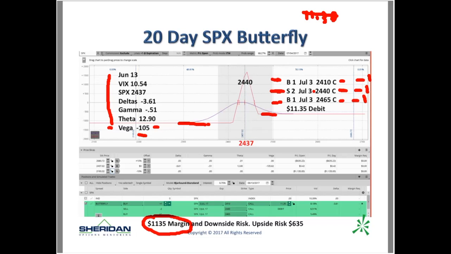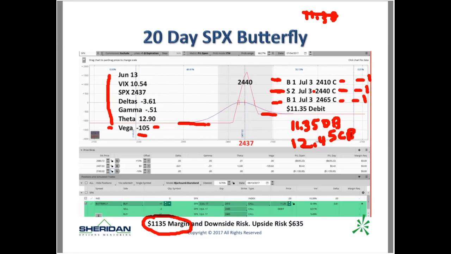So if I pay $1,135 debit, where will I put an order at my brokerage firm to get out for a 10% profit? How about a 1245 credit?